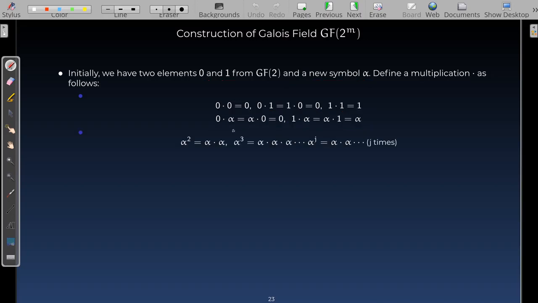In this manner, we also define alpha squared, alpha cubed. Alpha squared is simply alpha times alpha, alpha cubed is alpha times alpha times alpha, and alpha^j is alpha multiplied j times.